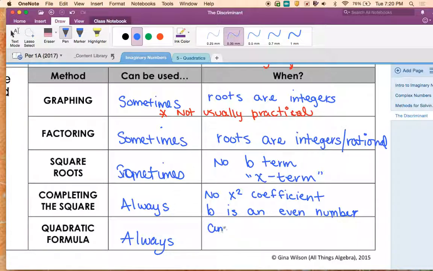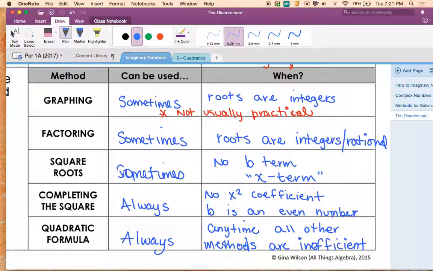So we're going to say anytime all other methods are inefficient. And that is an E. My laptop is messing up. Okay? So those are all the methods, and those are the most efficient times to use those methods.